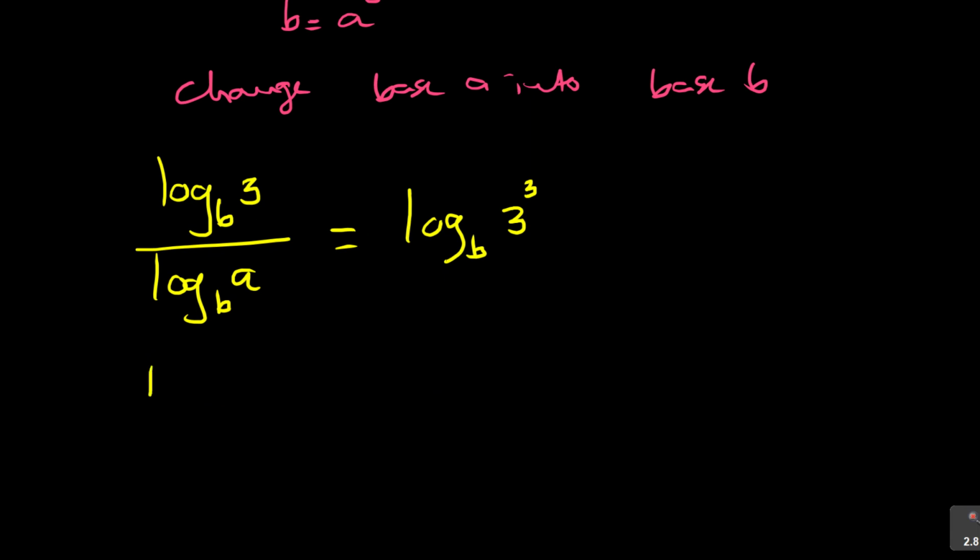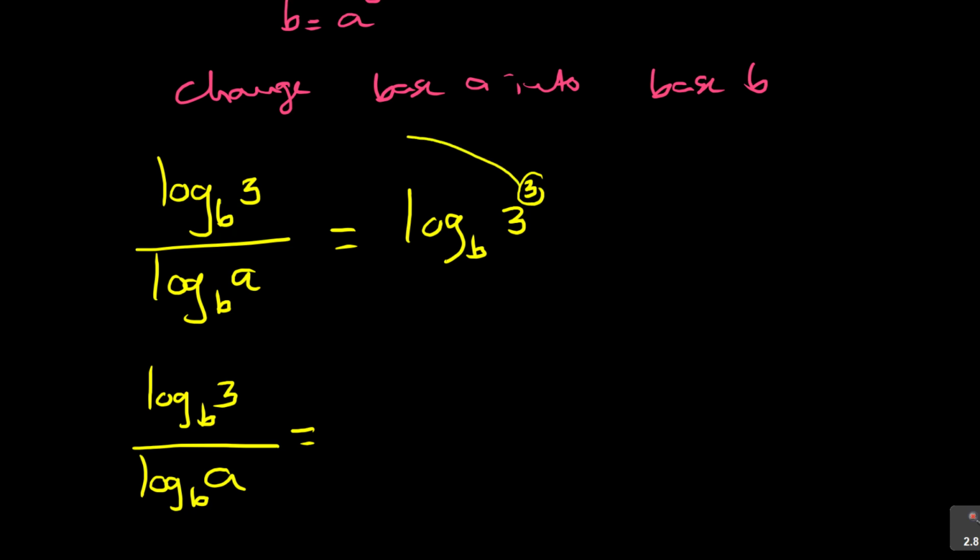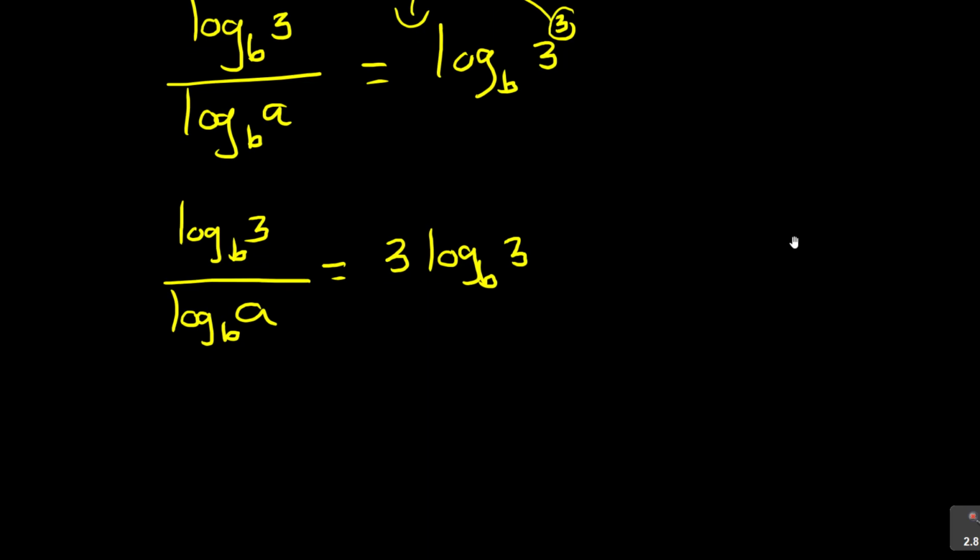So log base b of 3 over log base b of a is equal to, now you drop this 3, remember you drop it down there, so it will be 3 log base b of 3. Are you with me?